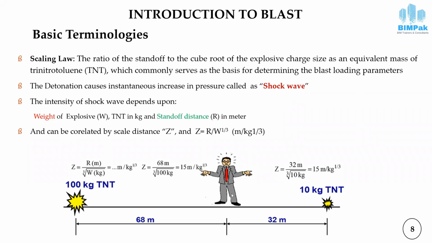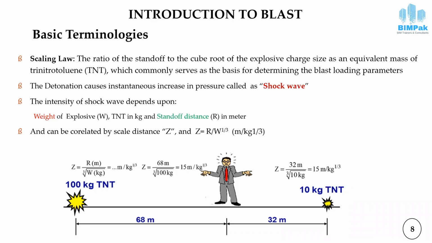That is 15. So from here, it is very clear that as we increase the distance by twice, the effect of blast can be reduced by 100 times.